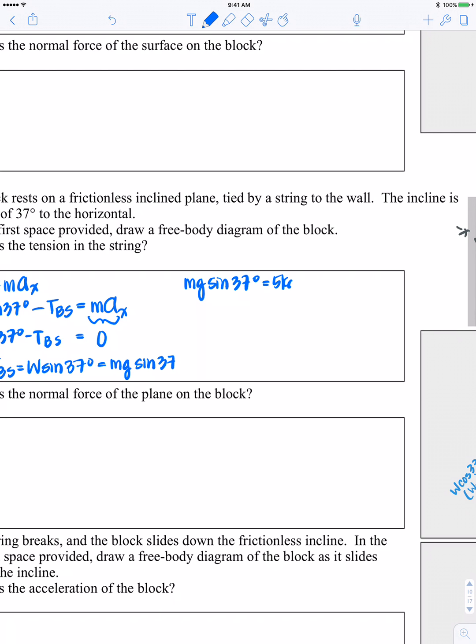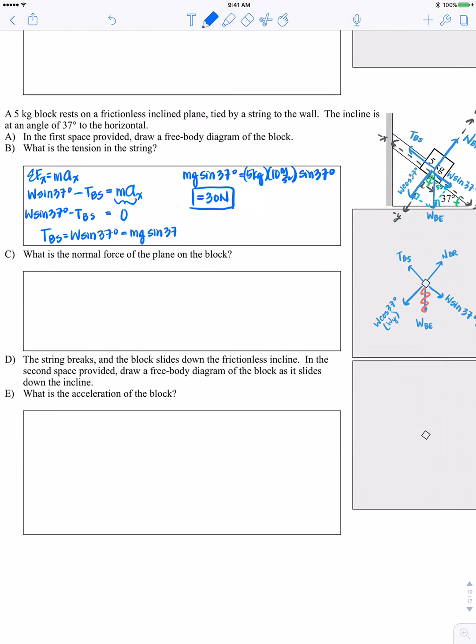So 5 kilograms times 10 meters per second squared times sine of 37 degrees. That's 50 sine 37. So that side should be 30, because that's the 3, 4, 5 triangle again.